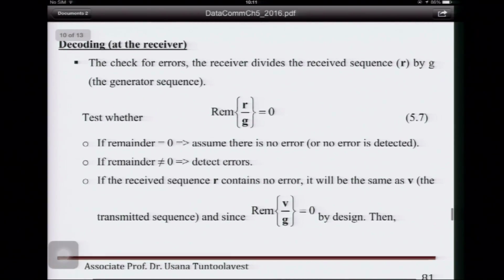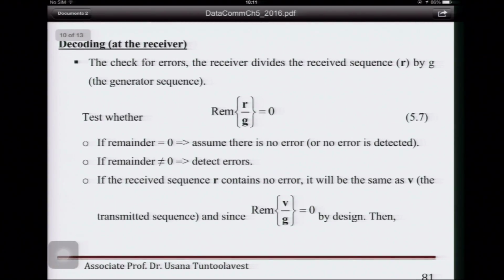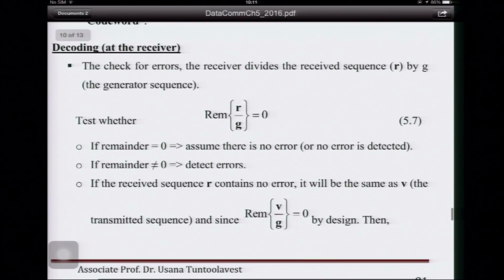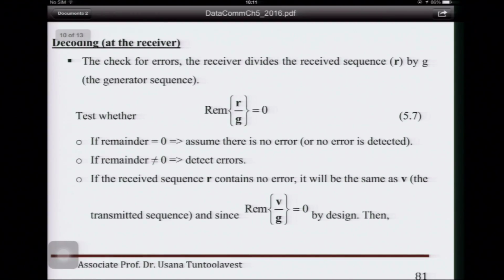Now let's look at the decoding. The decoding is done at the receiver. When you want to check for errors, the receiver will divide the received sequence R by the generator sequence G, and this G should be bold because it's a vector G. So we have to test whether the remainder of the received sequence divided by the generator sequence is 0 or not.